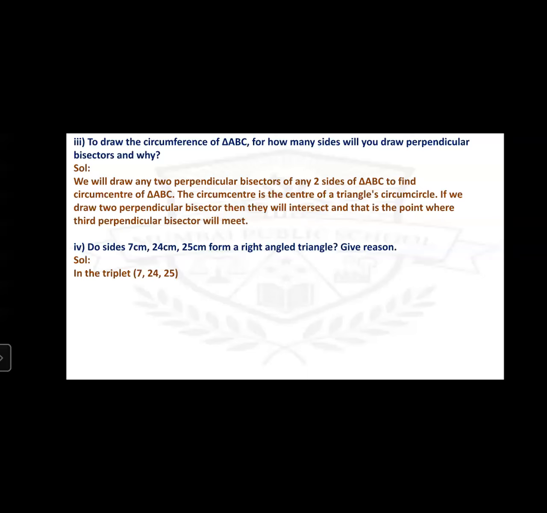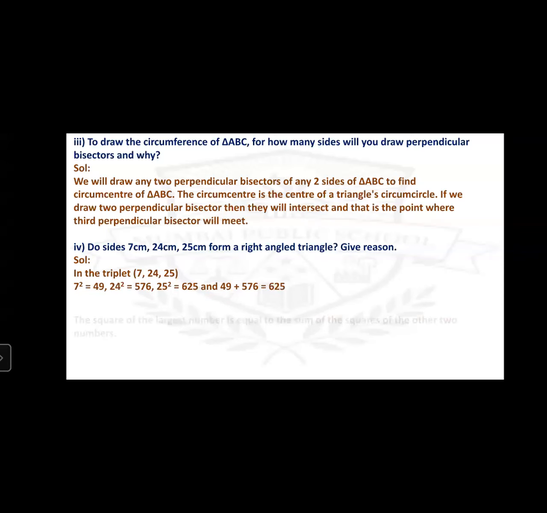Okay, then we find their squares. So the square of 7 is 49, of 24 is 576, and of 25 is 625. Then the rule of triplet is the square of the largest side is equal to the sum of the squares of the remaining 2 sides.